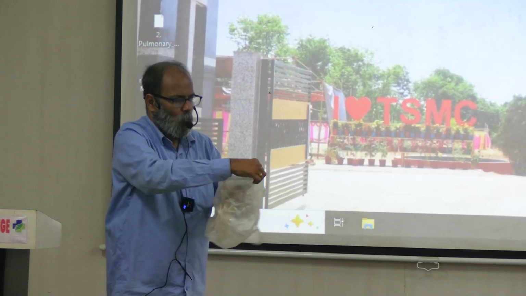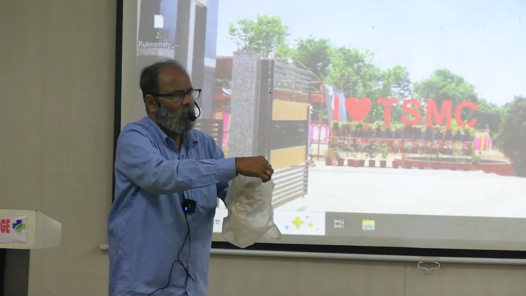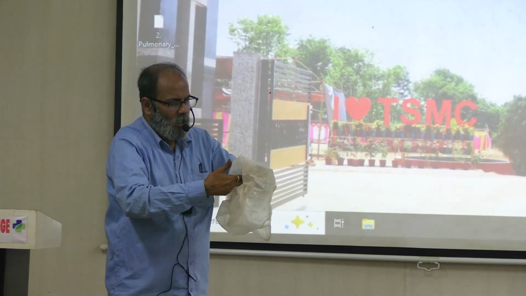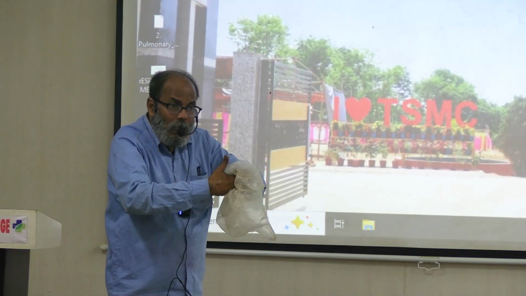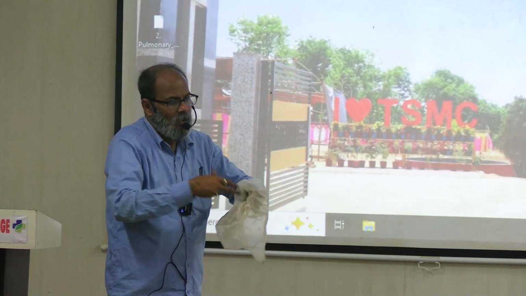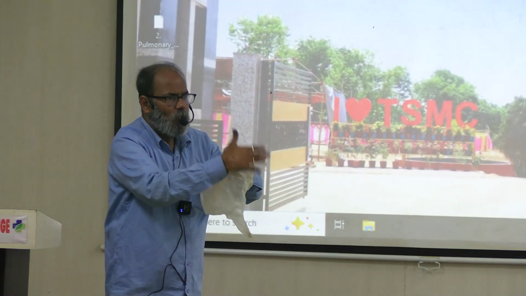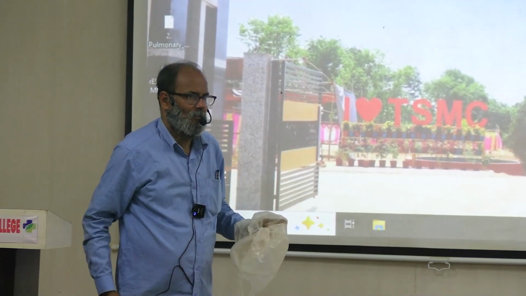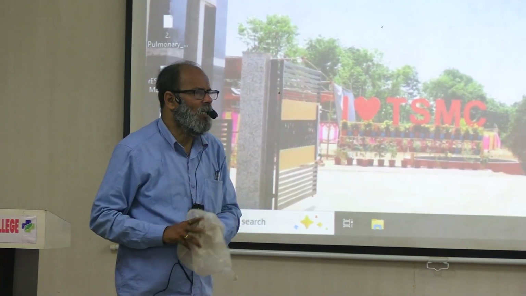So this outer space is the greater sac, and what is entering into it as an in-pouching within a pouch of the greater sac is the lesser sac. In front there was the stomach, so this is behind the stomach.